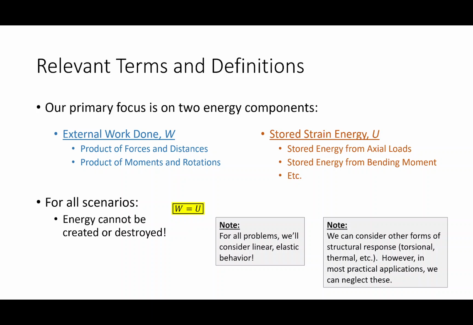But that's more of a design problem than an analysis problem, like moment redistribution or direct analysis for steel frames and things like that. We can also consider other forms of structural response like torsion, thermal, shear, and so on. Some of these we're going to look at. In a lot of applications, we can neglect them. For example, in trusses, all we're going to care about is the energy from the axial load. Okay? Is everybody with me so far?